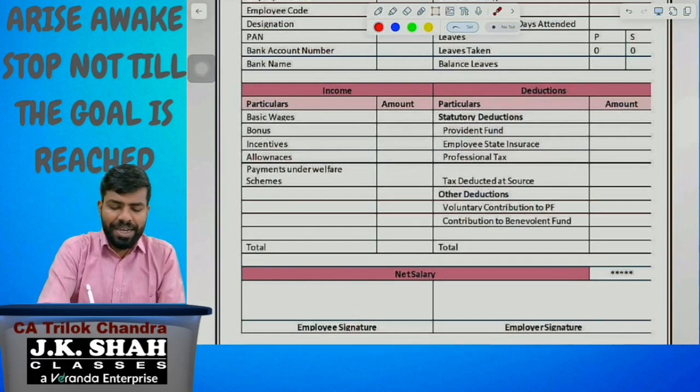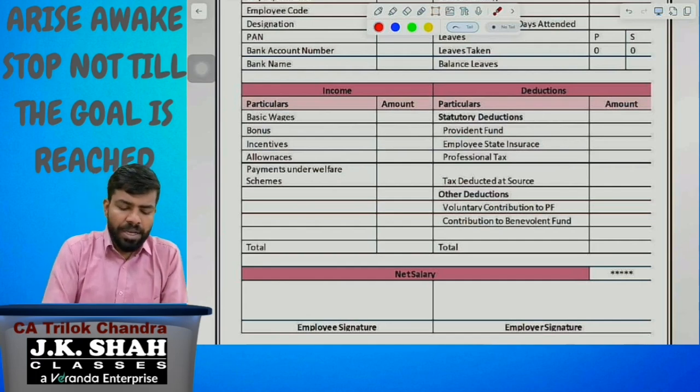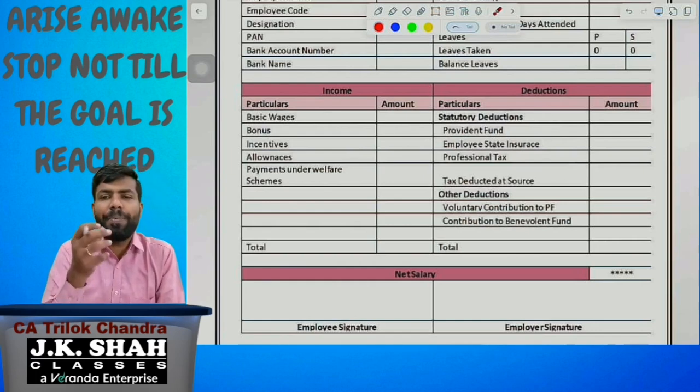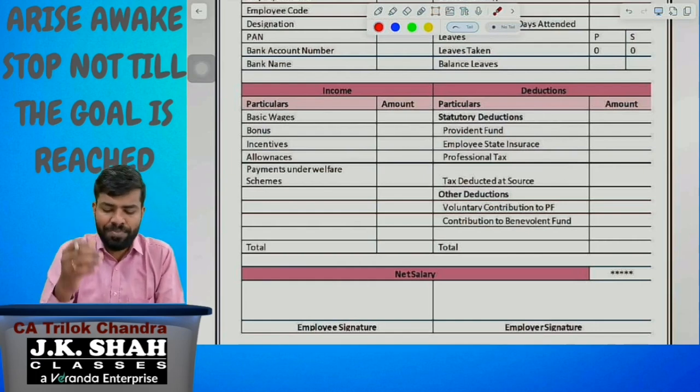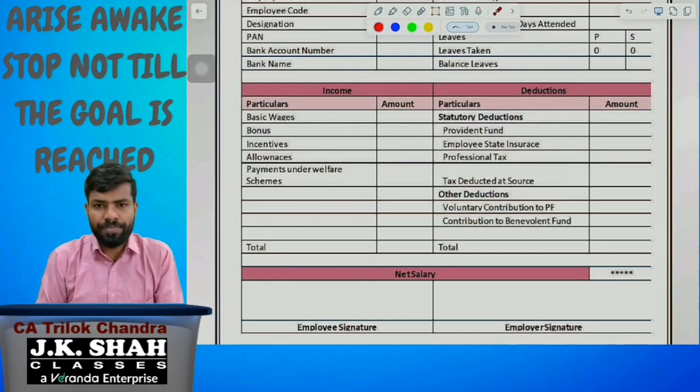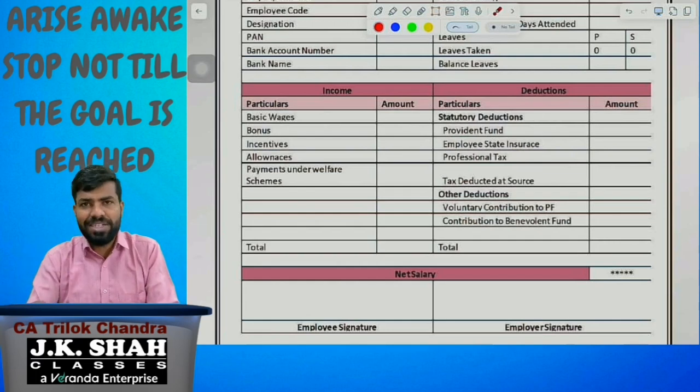So first they are making a total of everything. Please understand, they are making a total of basic wages, bonus, incentives, allowances, payment under welfare schemes. Whatever payment they are getting under different names, they are making a total of everything. After making the total, from that they are making certain deductions.